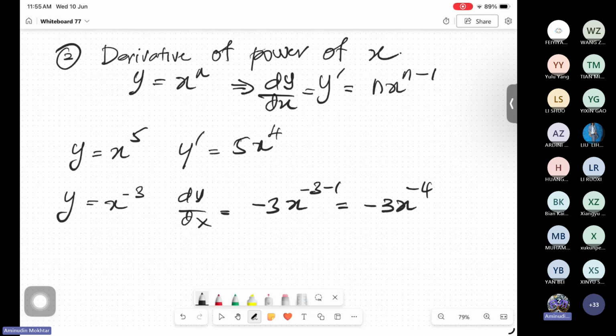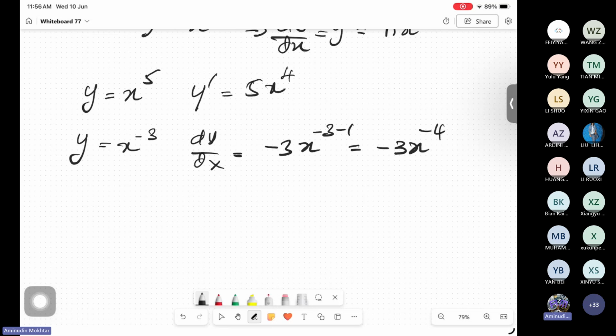That is the derivative of power of x when the value of the power is negative 3. Okay, that is the rule of the power.